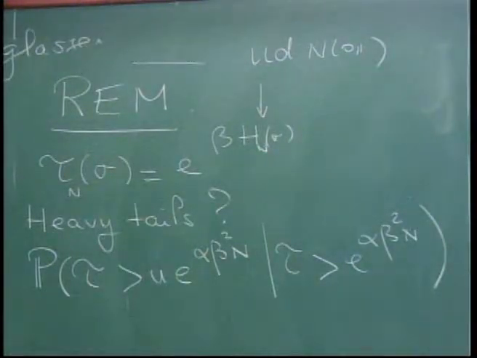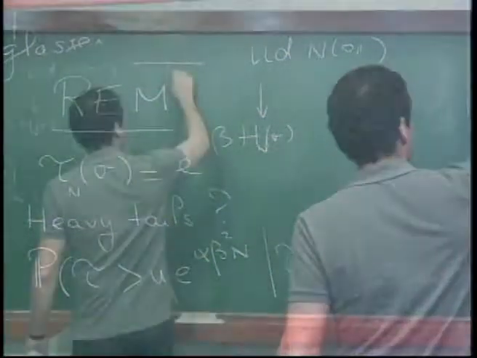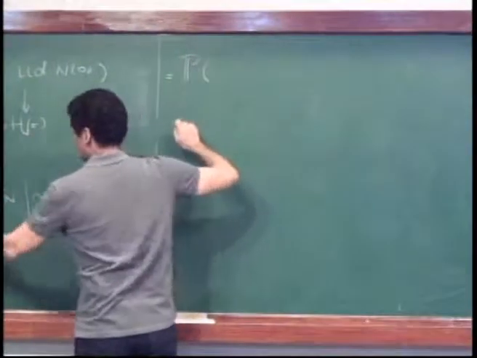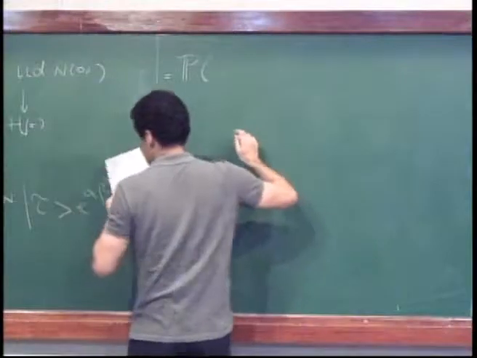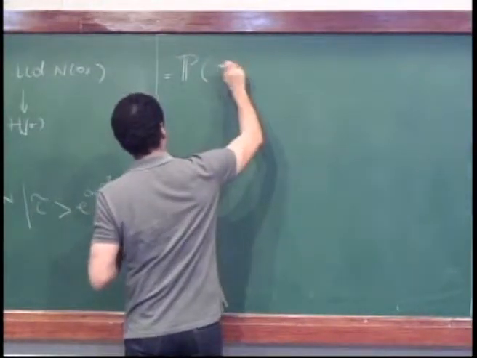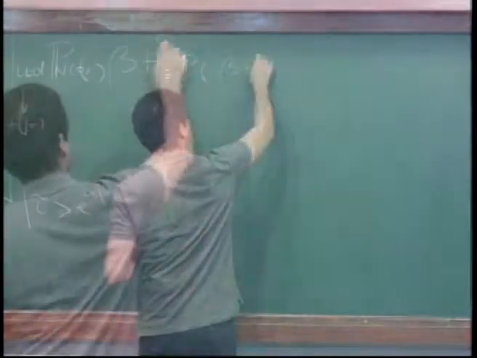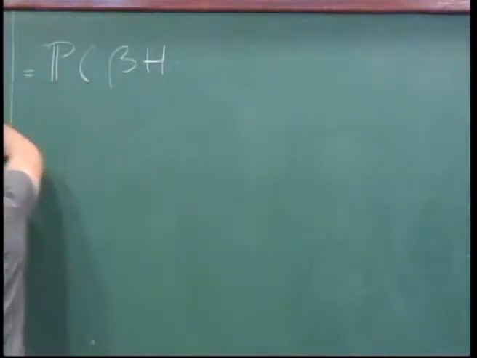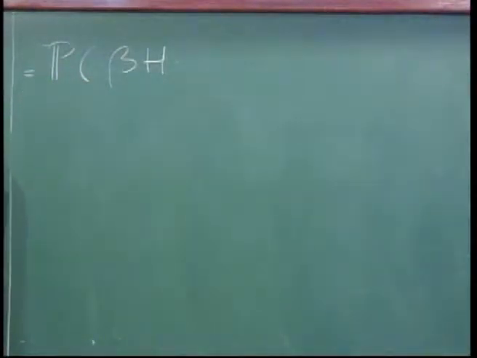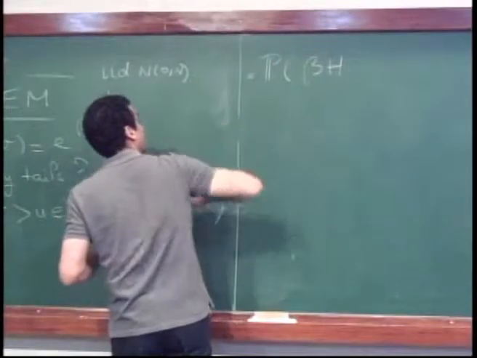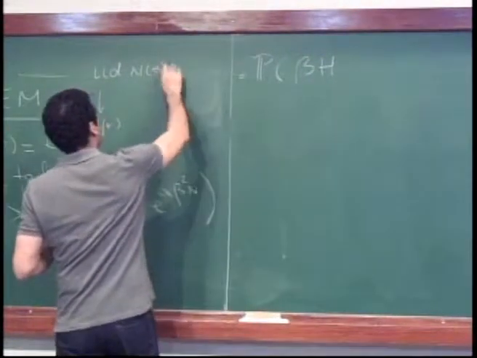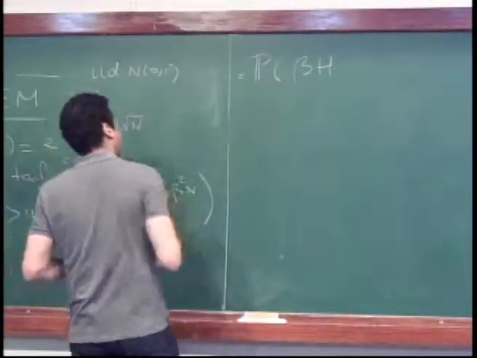in the case of a Gaussian variable, because this is of course the same as the probability that tau, which is exponential beta h, is larger than u times n0. So let me put n0 and then have square root of n.